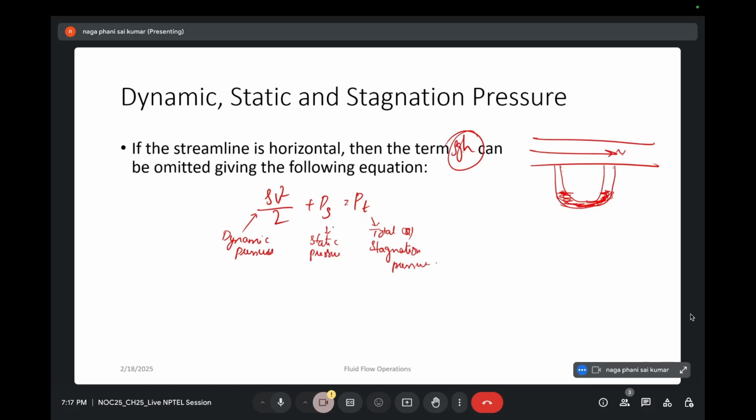In this case this is going to give us the total head.